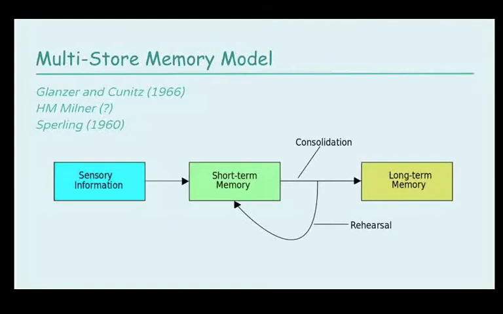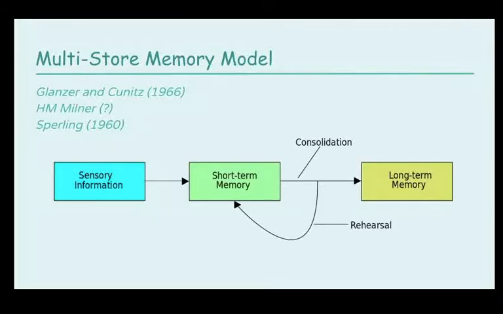Examples of studies that can be used to support the multi-store memory model would be Glanzer and Cunitz in 1966, Sperling in the 1960s, and the H.M. Milner study. Probably any of the H.M. Milner studies.